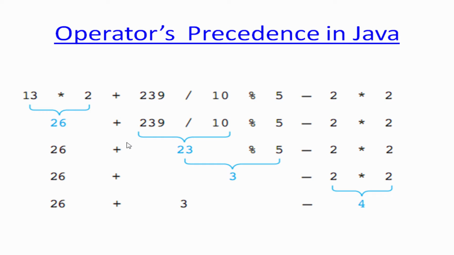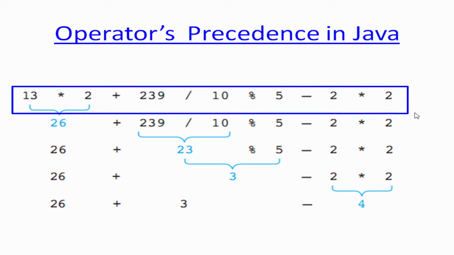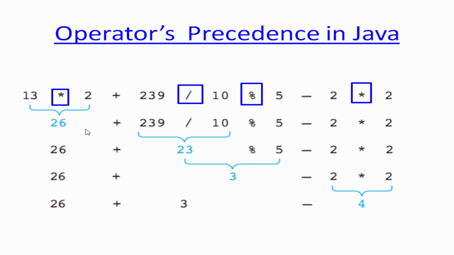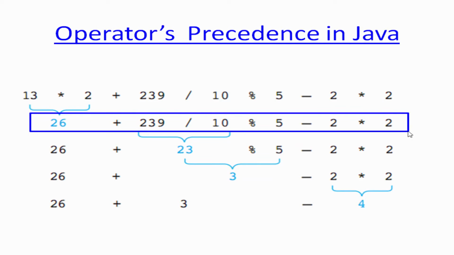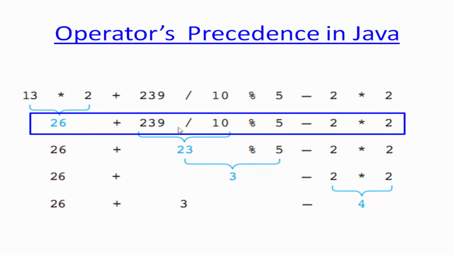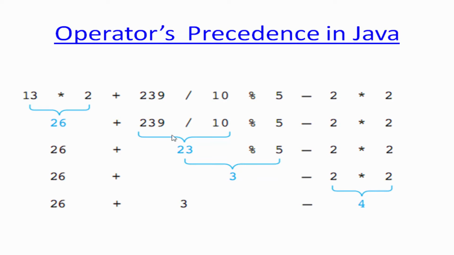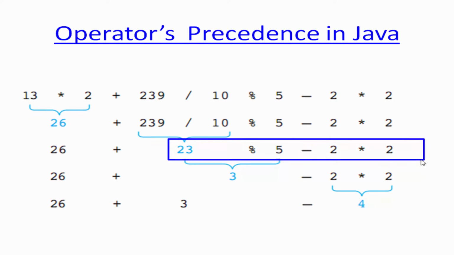Here we have multiple operators. Let's talk about it. Multiplication, division and modulus have the highest precedence in this expression, so these will be solved, but we will solve from the left-hand side. First we will solve this operator, we will get 26. Then in this expression you can see we have division, so we will divide it and we will get this expression, and in this expression we have equal precedence of modulus and multiplication.